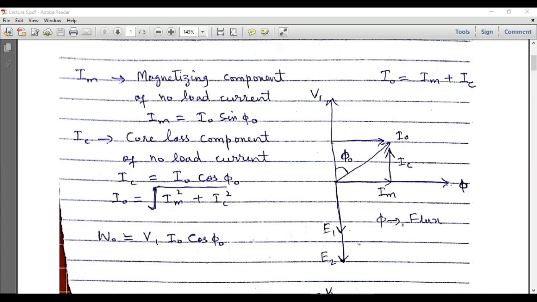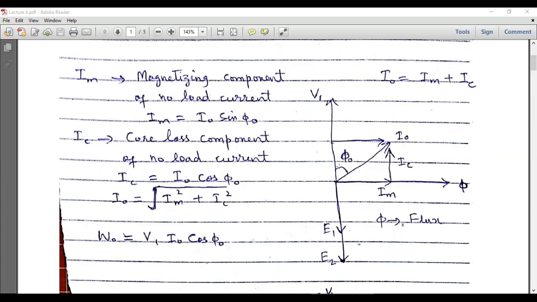So flux leads the induced voltage by 90 degrees. This is the direction of flux, and this is the current I naught. So I naught is lying at an angle phi naught with V1. I naught is the no load current, and it is lagging behind the applied voltage V1 by this angle phi naught. I naught has two components, one is the vertical component and one is the horizontal component.